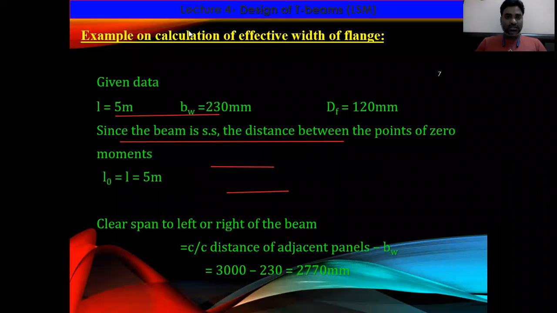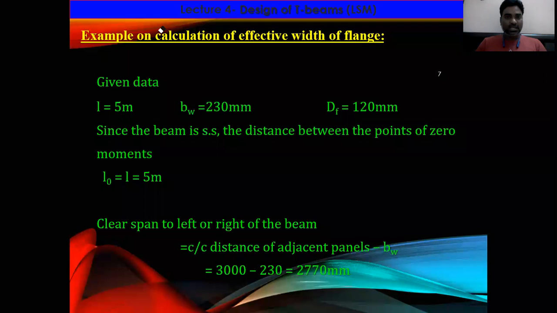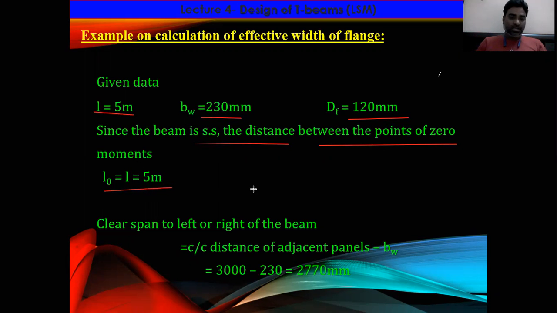For this, you just write down the given data. The given data is: length L is equal to 5 meters, width of the beam bw is 230 mm, and Df, that is thickness of slab, is 120 mm. And here the beam is simply supported, therefore the distance between the points of zero moment, that is L0, is equal to L, equal to 5 meters.